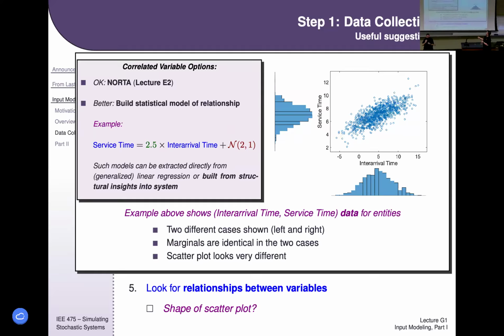But we know that interarrival time doesn't predict service time perfectly. And so I have to add a little bit of noise. And that's what this here is. This is saying that I'm adding a Gaussian that has a mean of 2 with a variance of 1 to this deterministic relationship.